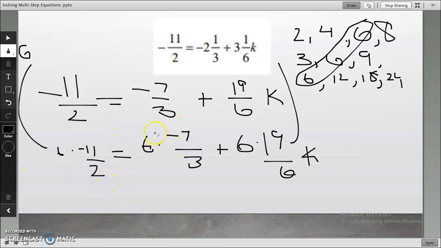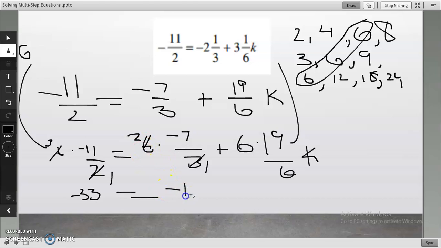So looking at my crosses, this is just multiplying fractions, normal day in the street. So we have 2 goes into 2 once, 2 goes into 6 3 times. So 3 times negative 11 is negative 33. 3 goes into 3 once, 3 goes into 6 twice. Notice my fractions are going away. That's what I wanted. So that means I did something right.